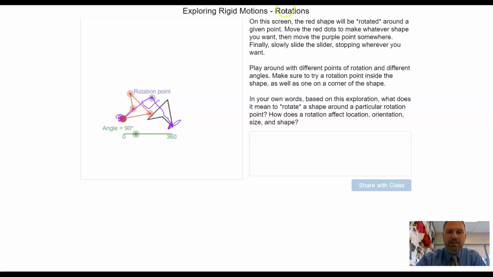But again, it doesn't have to be 90 degrees, it could be just about anything. It could be a half turn, so 180, right about there, or all the way around be a 360. But either way, this is a rigid motion because I keep going back and I can get it to match up with the original shape. And it matches up, and it matches up. So that's a rigid motion.